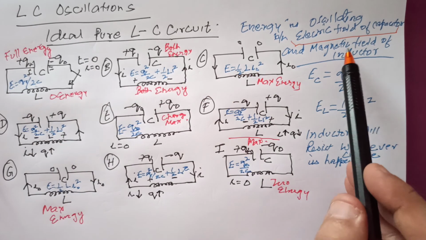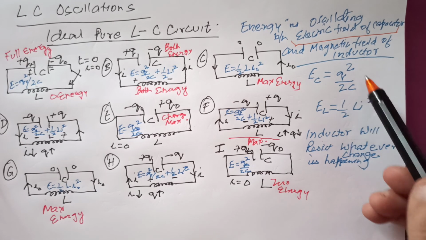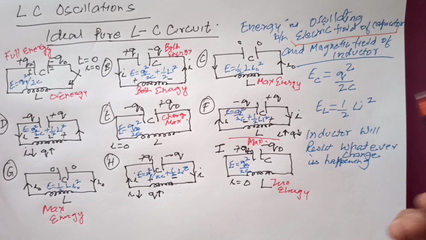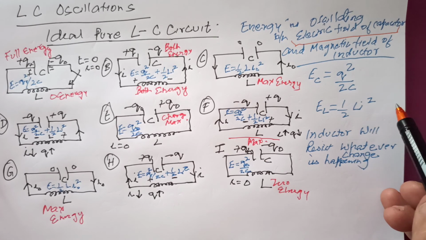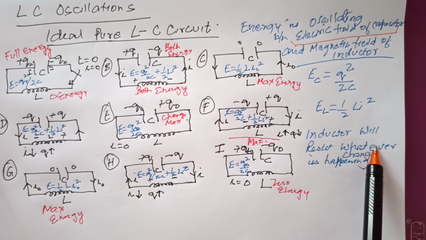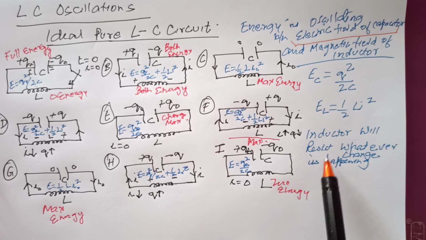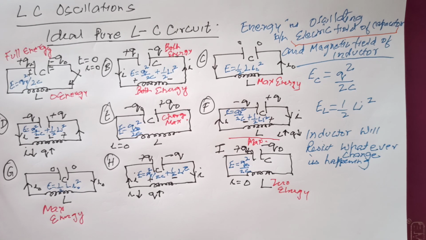So it is oscillating between the two. E_C = Q²/2C for the capacitor, and E_L = ½Li² for the inductor, which you know. I have explained earlier as well that the inductor will resist whatever change is happening. Okay, very good.